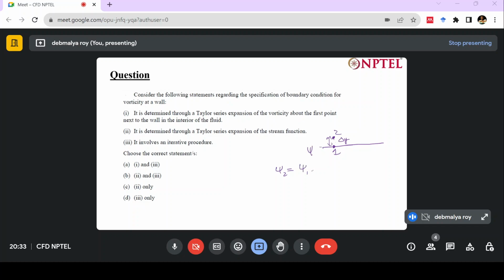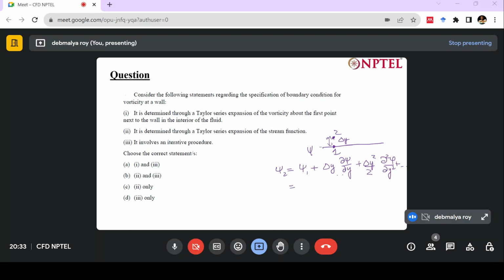This is basically psi 1 plus, we will use the Taylor series expansion. So in the Taylor series expansion, we have delta y del psi del y, plus delta y square by 2 del square psi del y square, and so on. The other terms we will include in our error term.